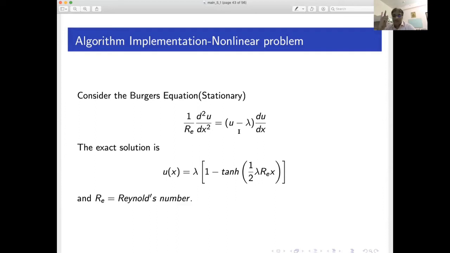So what do you have to do? You have to use the Newton-Raphson method. There are two ways to do it. Either you use the Newton-Raphson method, which says y_{k+1} equals y_k minus f by del f by del y kind of thing.